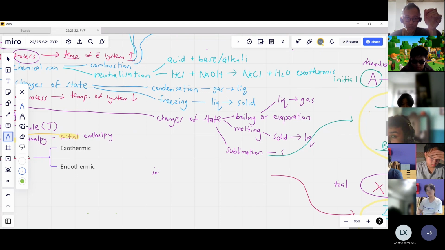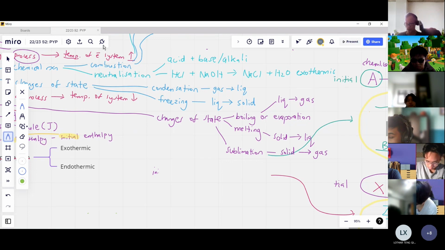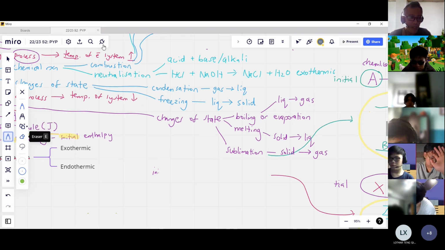Sublimation simply means a solid goes straight to become a gas without converting to a liquid. So that is sublimation. You just jot this down somewhere, even though it may not come up.